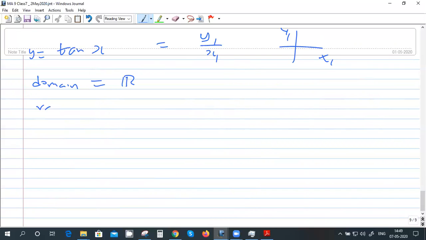What about range? -1 and +1? Not really. It's y by x, no? So at this point, the y value is something, but the x value is very small. So y by x will be very large. As you go closer and closer, it will become infinity. And at this point, y is the same but x is negative, so it will become minus infinity.